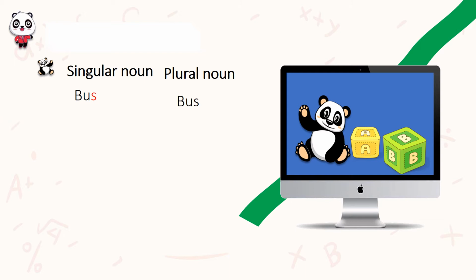To make it plural, you need to add es to the end. Now it becomes buses. Brush ends with sh. You need to add es to the end of the singular noun, then it becomes brushes. It's talking about more than one brush. Box ends with x. We need to add es to the end. It will become boxes.